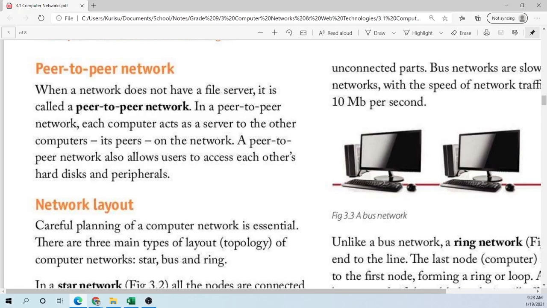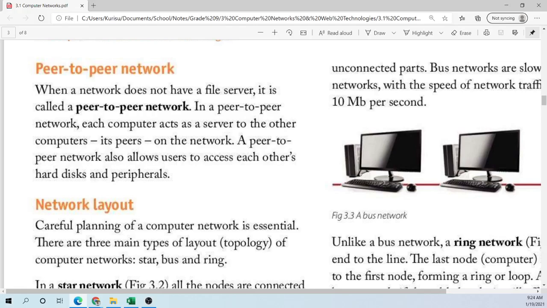Good. So, as I mentioned before, the file server is used on a large network because it doesn't make sense that everyone has the data scattered. Say, for example, the school lab. It doesn't make sense that the data that you want to share is scattered on all the computers in the lab, so you have to go and search each computer to find the data that you're looking for.